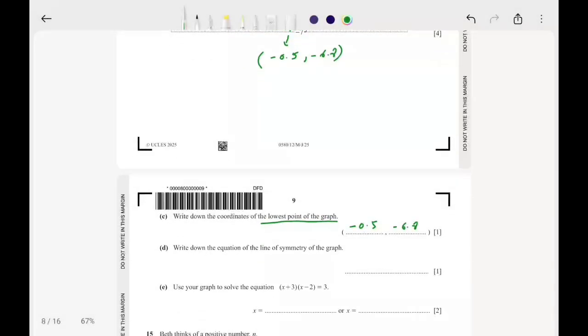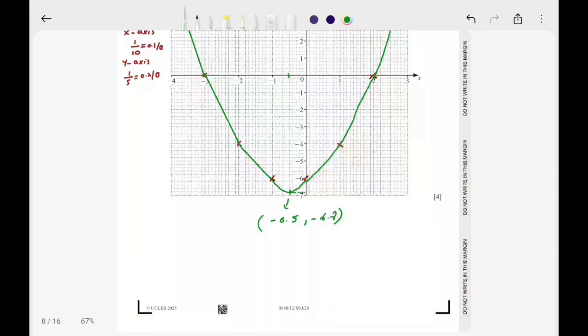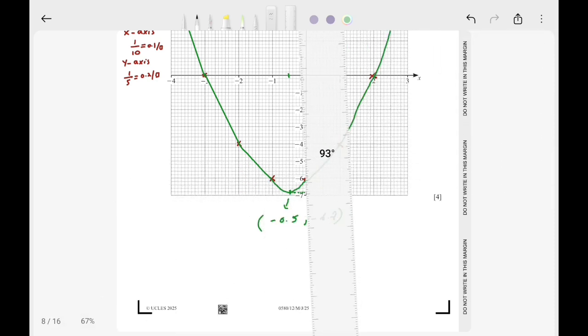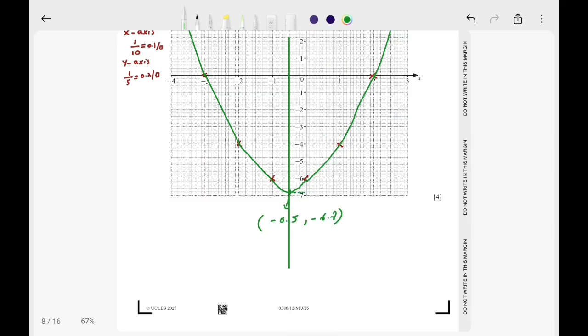Now next, write down the equation of the line of symmetry of the graph. The line of symmetry is also called the minimum point, or where your curve bends, and that is minus 0.5. This is actually your line of symmetry. If you check with the scale, look here.